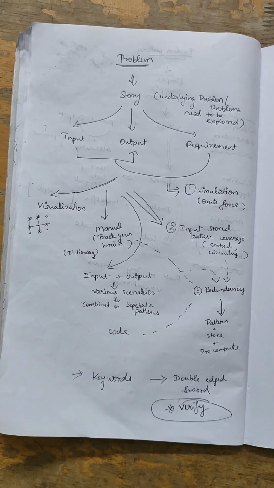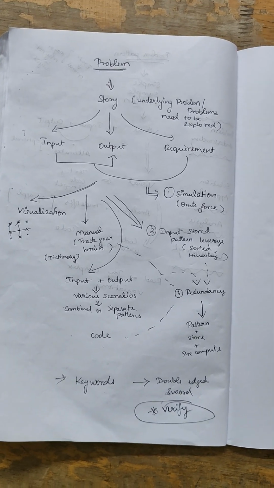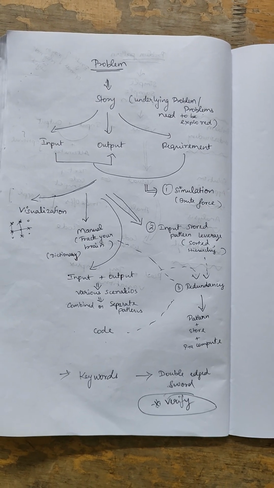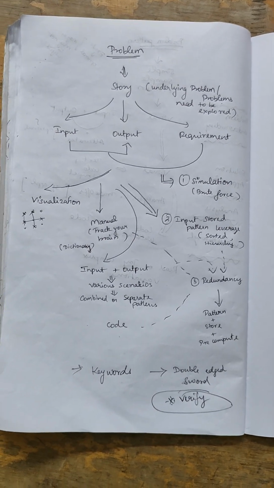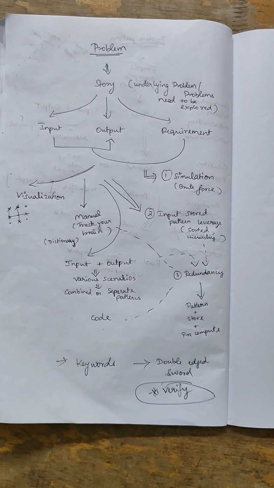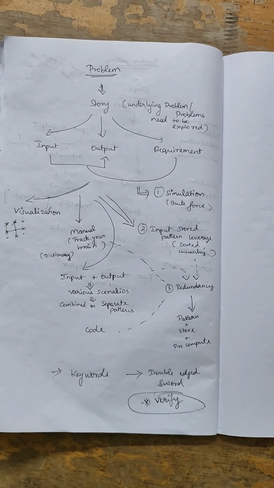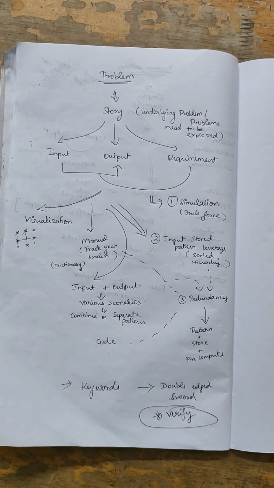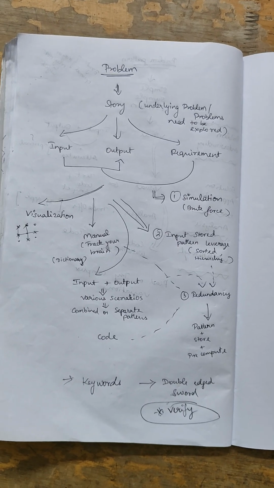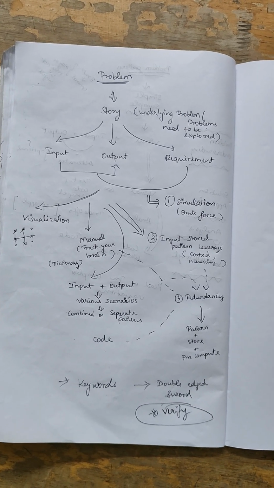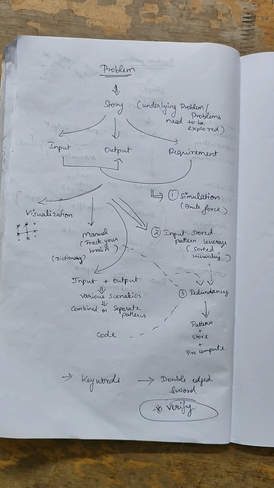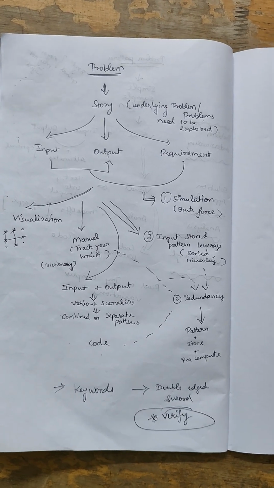But I am trying to give you a very simplified version of some common approaches that I and many people take to understand a problem, explore it, find clues, and try to get a solution or optimize it. Let's see about it.